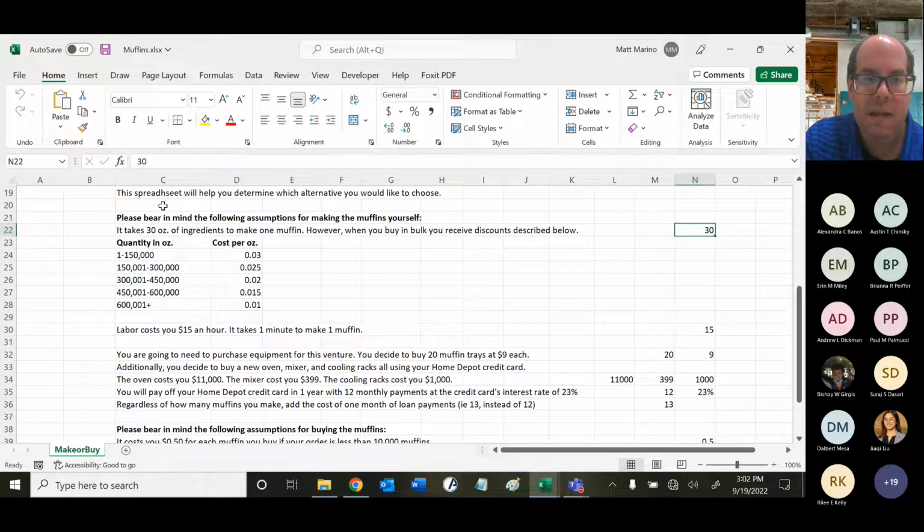It says it takes 30 ounces of ingredients to make one muffin. However, when you buy in bulk, you receive discounts described below. So here we have the 30 ounces in cell N22. Here we have a table. On the exam, you might have something very similar to this.